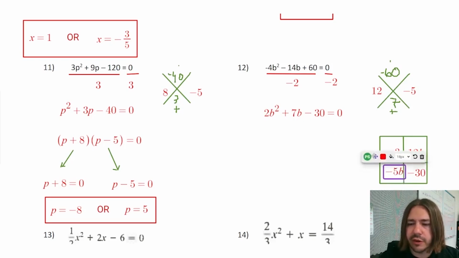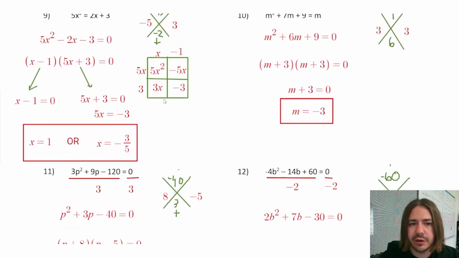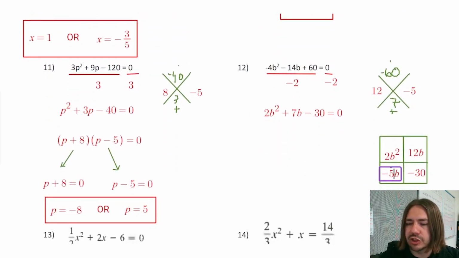Just like with number 9, we want to find the GCF from each column and each row. And these 4 terms that we write down are going to make up our two factors. For the first column, the GCF is just b. Can't really divide anything else out, so it's going to be b.